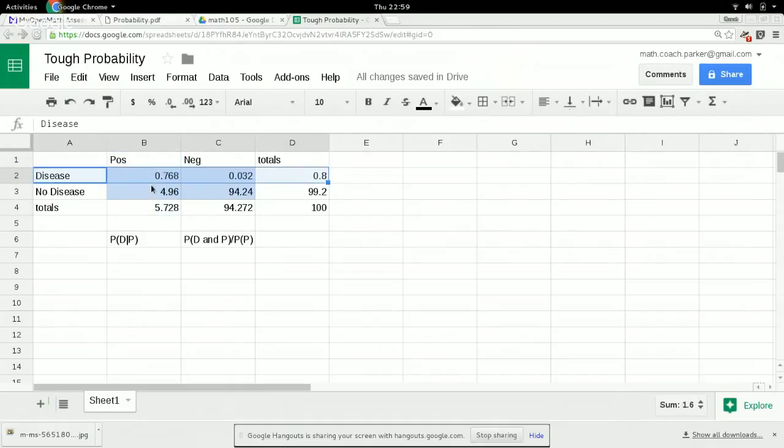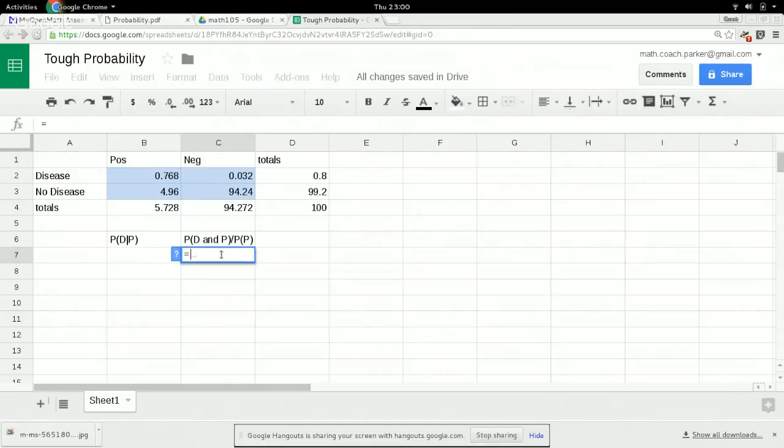So again, like I mentioned earlier, this number is my numerator. Divided by the probability they tested positive. Well, that's that total under the positives here. So there's my denominator. And so I get a probability of about 13.4%.